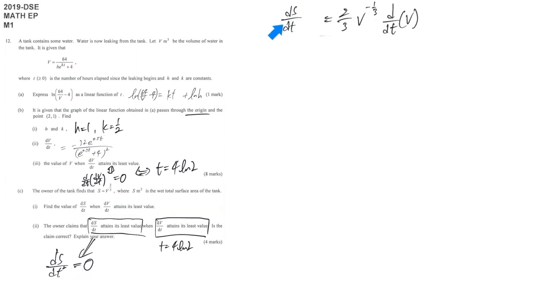We recall that ds/dt is connected with v like this that we calculated just now. So, therefore, in order to get the second order derivative, we just differentiate once again. 2 over 3, apply the product rule again. Again, by chain rule, since v and t are not the same, we have this item, and then the original dv/dt at the back.